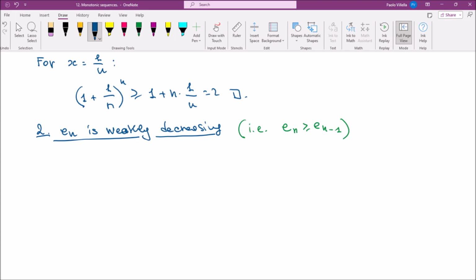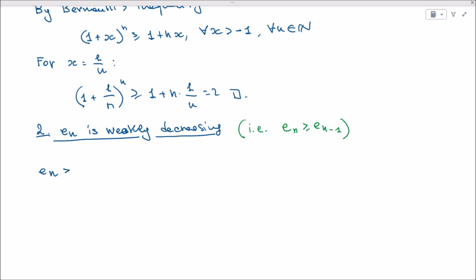Now let me start exactly from the thesis, from the fact that En is larger than or equal to En minus 1, and let's elaborate on this. We will find as a consequence of the thesis a fact that is clearly true. That will prove the fact that the sequence is weakly decreasing.